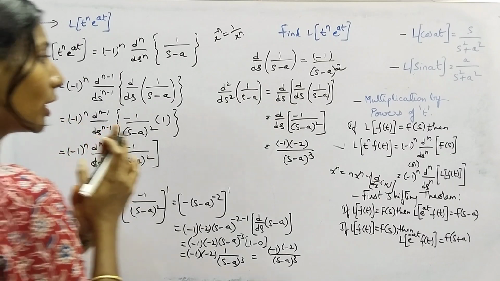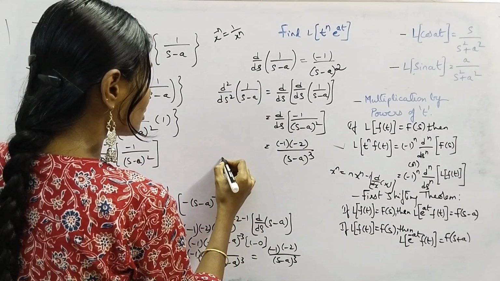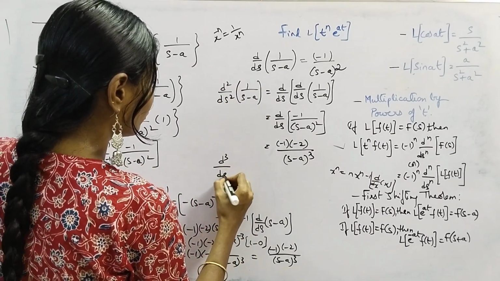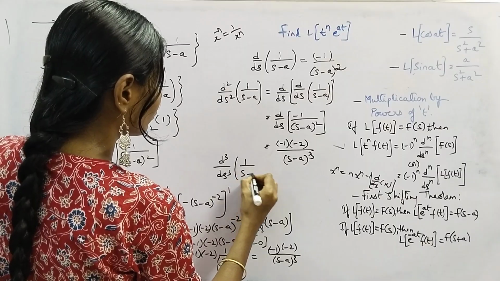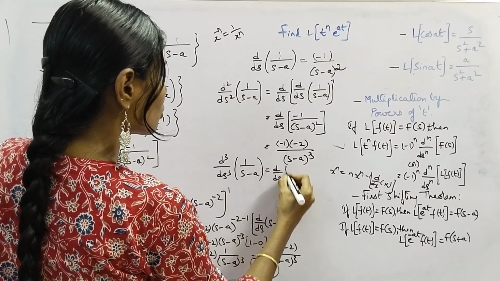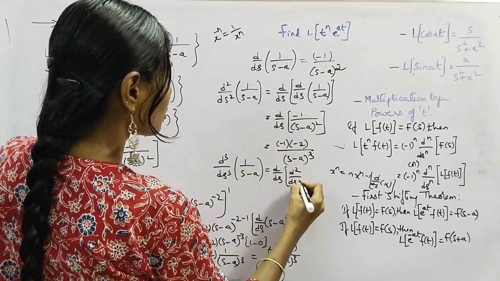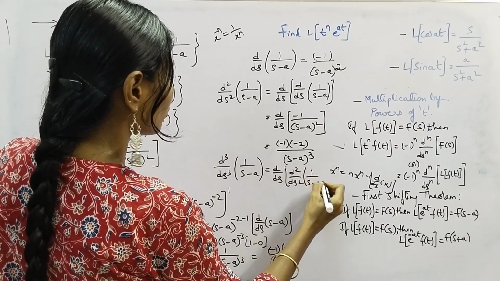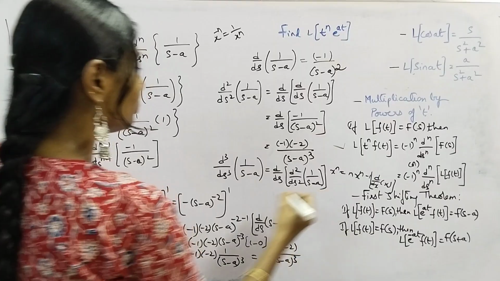Let's see what we are going to get for the third derivative of 1 by s minus a. I can write this as d by ds of d square by ds square of 1 by s minus a.